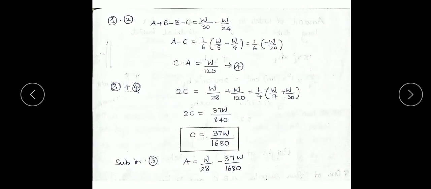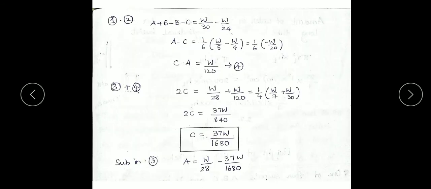So if we solve this, 28 60s are 1680, so 60. And minus 37w, so 1680 is the LCM. So 60 minus 37 is nothing but 23, 23w by 1680. So this is the amount of work A can do for one day. That is the working capacity of A.